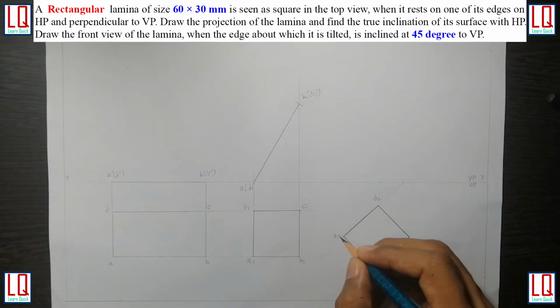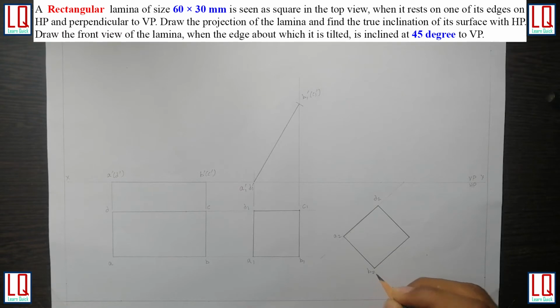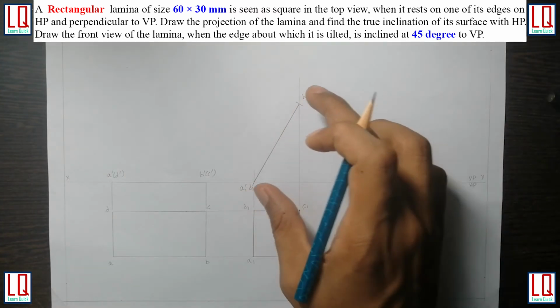Now mark A2, B2, C2. To draw step 6, project all the corners from step 5 and all the corners from step 3.